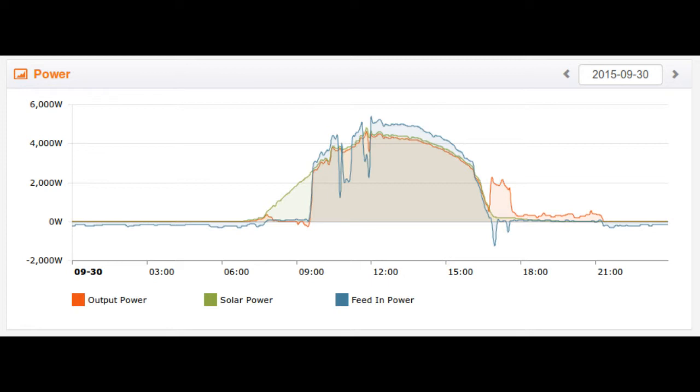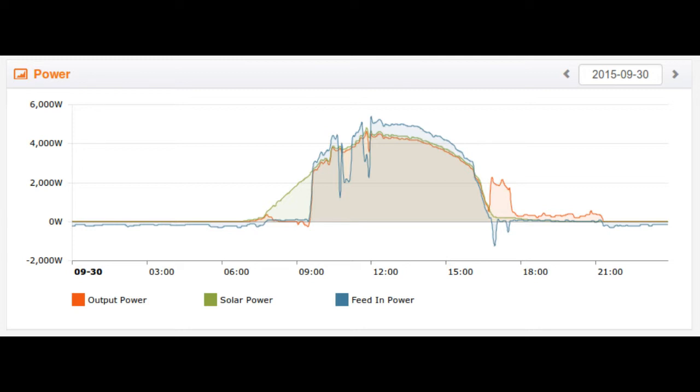In this example here, I just wanted to show this one because you can see here that the amount of power we're feeding in at the top of the curve here is more than the solar power that's available. Now, that shouldn't really be possible, and the only reason that it works like that is because I have got two inverters in my system, and this is the data output from just the main inverter.